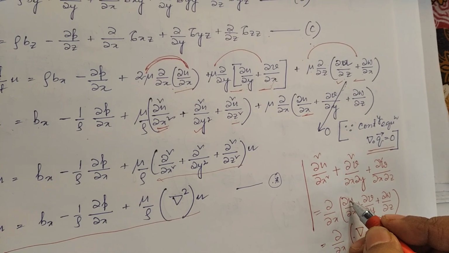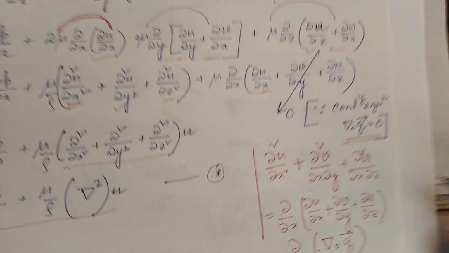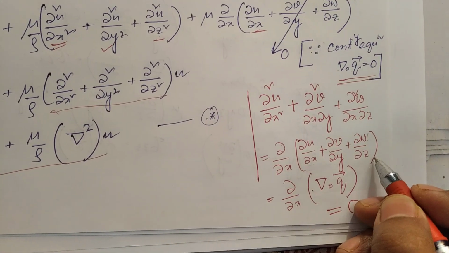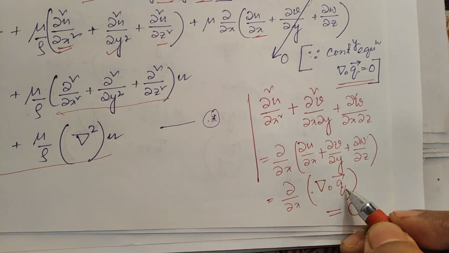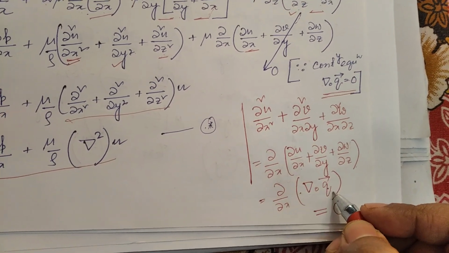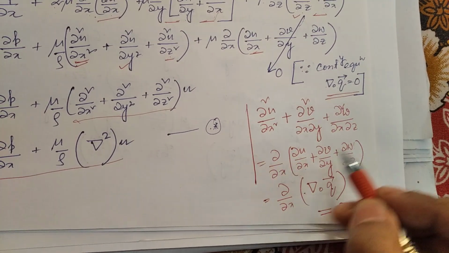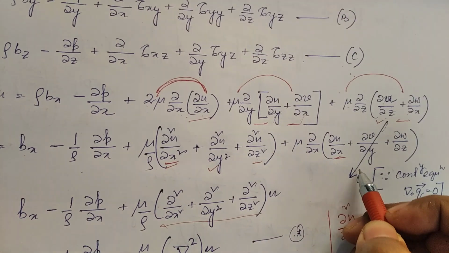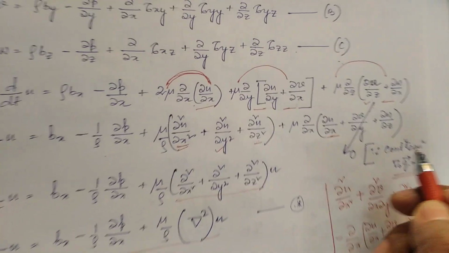So what is the remaining? Del u del x plus del v del y plus del w del z. This bracketed part is nothing but the divergence of the velocity vector, and for incompressible fluid the divergence of velocity vector is 0, so ultimately these three terms give 0. So this term is cancelled because of using the continuity equation.